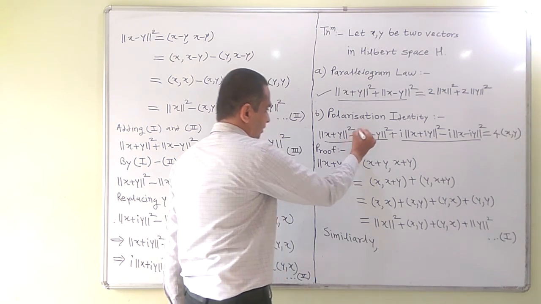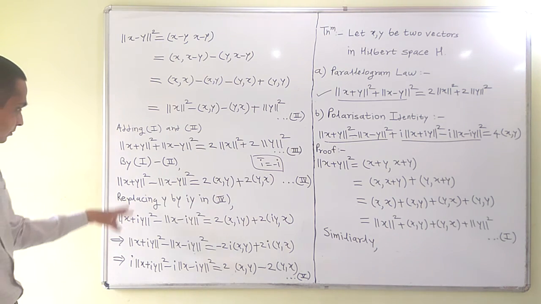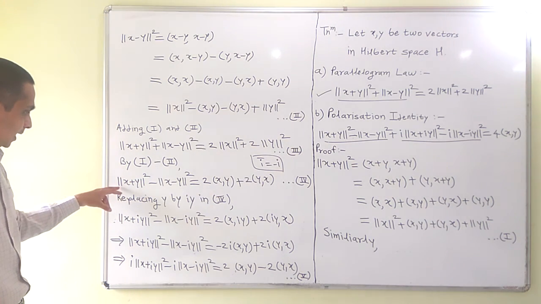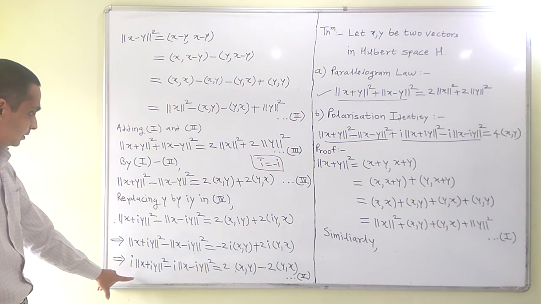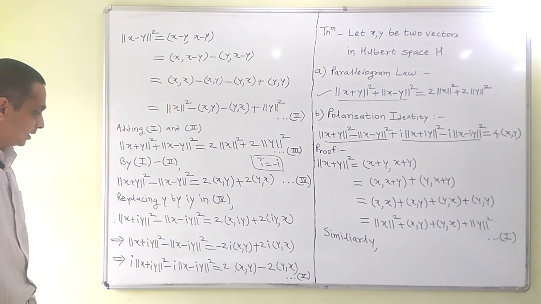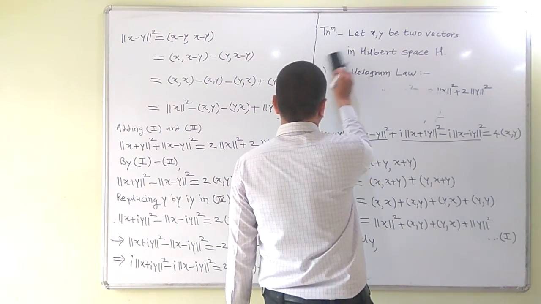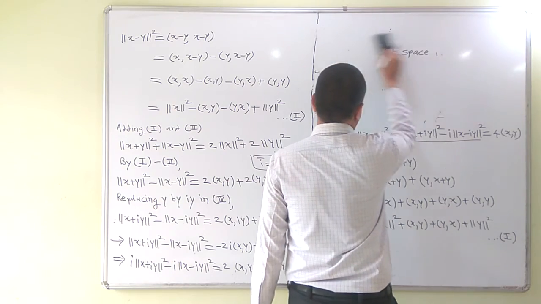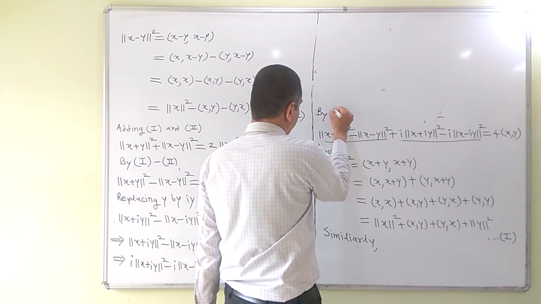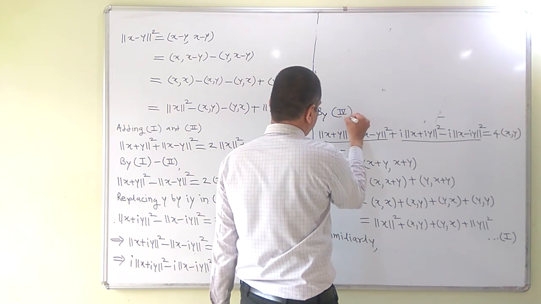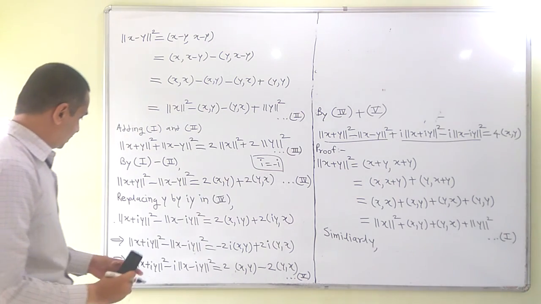It should be minus. Okay, it should be minus. So if I add fourth and fifth, then I'll get the required result. So let me complete the proof by adding fourth and fifth.